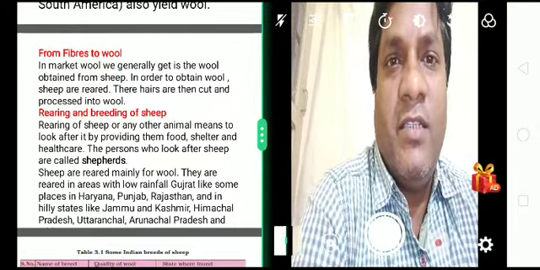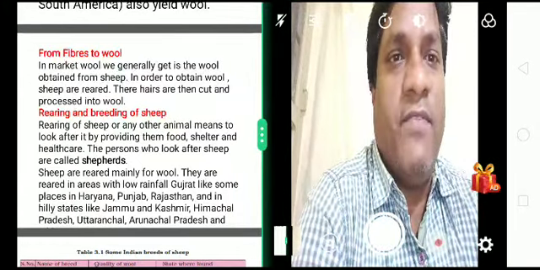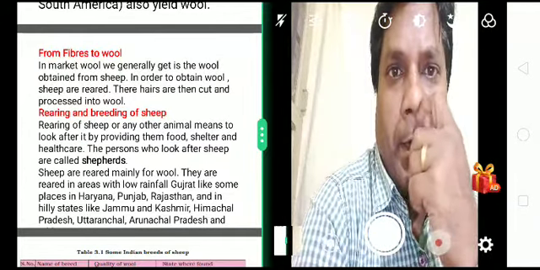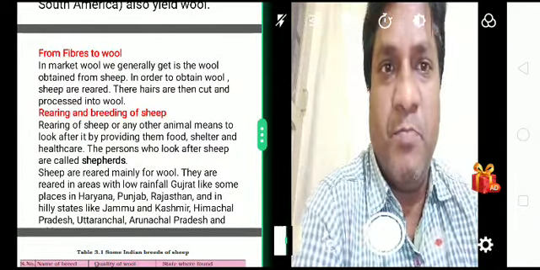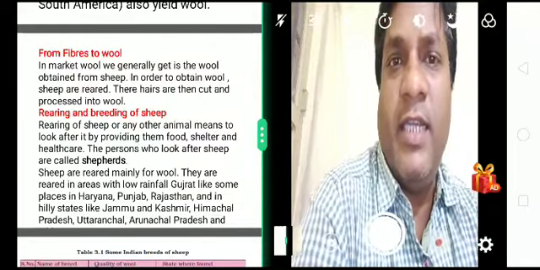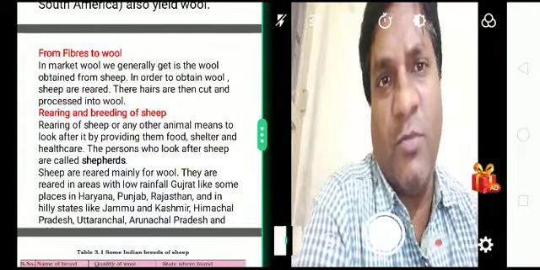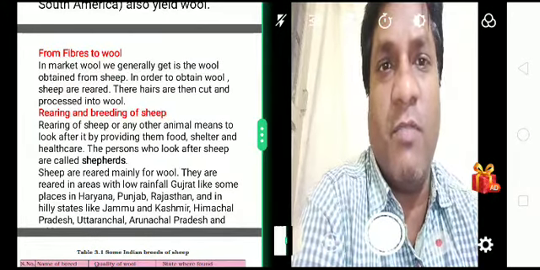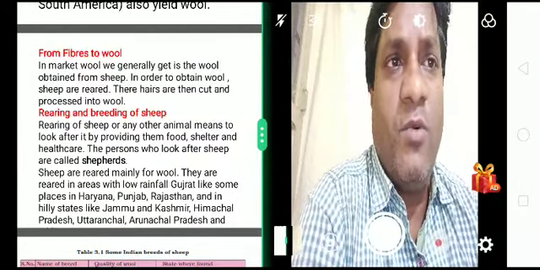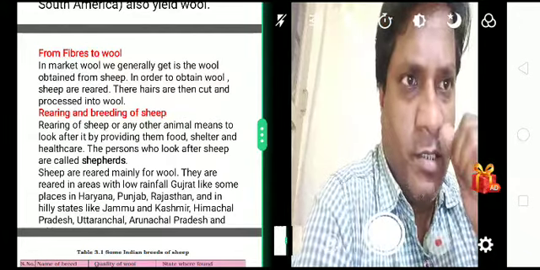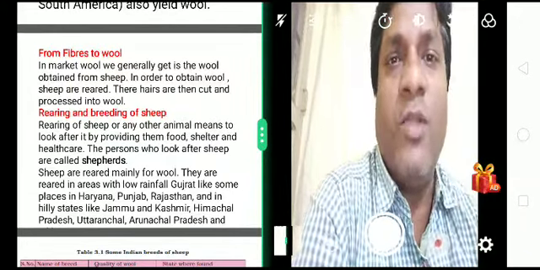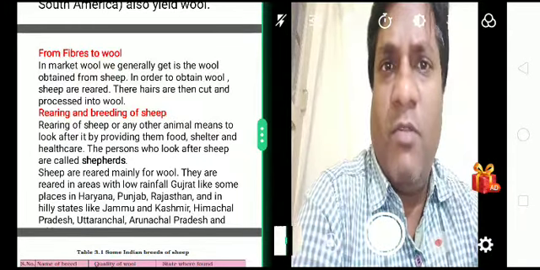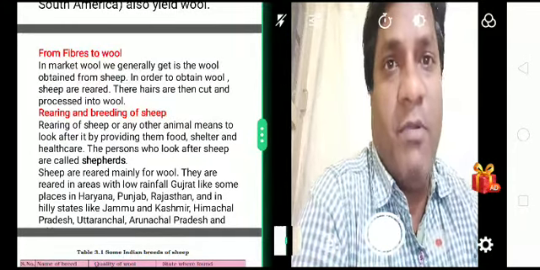They are reared in areas with low rainfall like Gujarat and some places of Haryana, Punjab, Rajasthan, and in the hilly states like Jammu and Kashmir, Himachal Pradesh, Uttaranchal, Arunachal Pradesh, etc. Now, why is it so? In the places where there is low rainfall, the lands are not suitable for profitable agriculture.